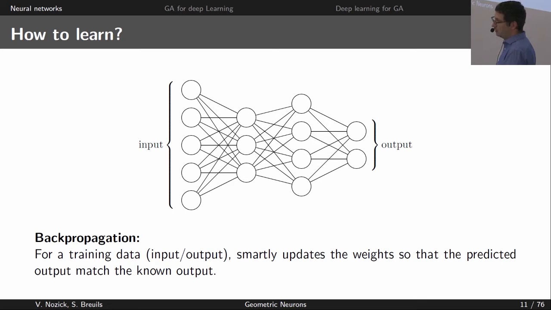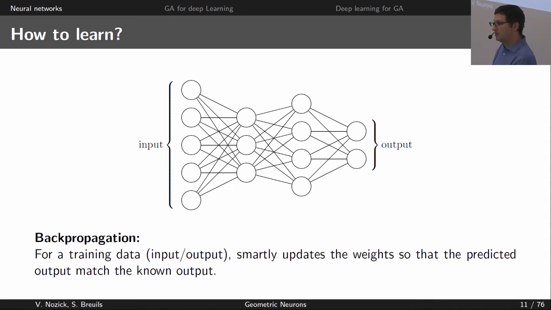So what you have to do is take the difference between what you wanted to have and what you actually have, and then smartly update your weights so that the predicted output matches the known output. Smartly update means backpropagation, and this is a bit complicated if we enter the math. Not so complicated, but maybe not so interesting for this talk. So I will completely skip that point for the whole talk, and just imagine it works.